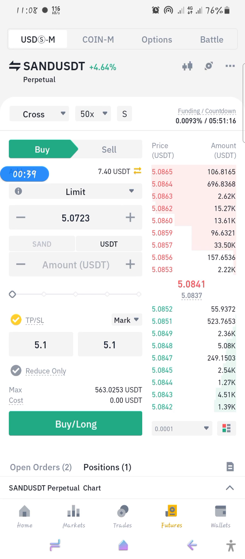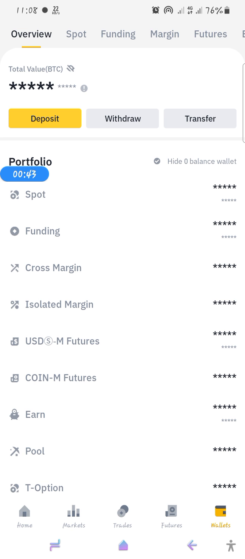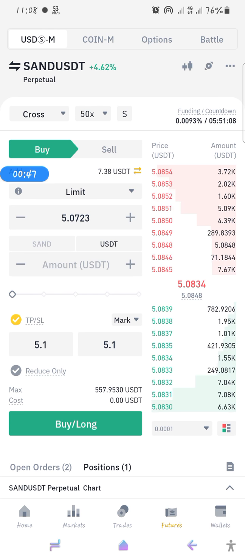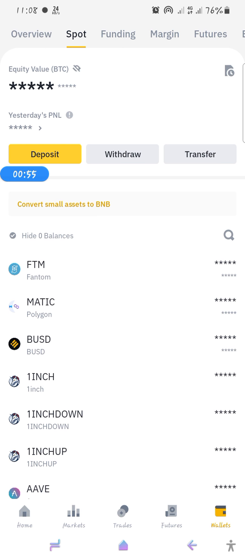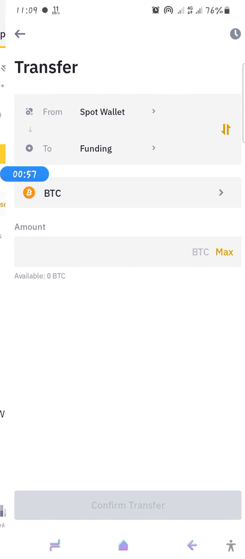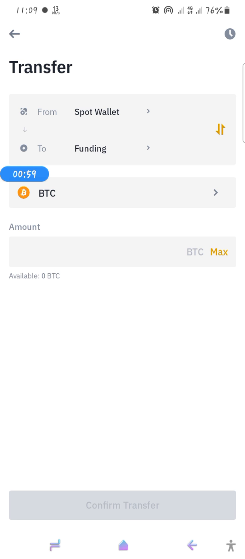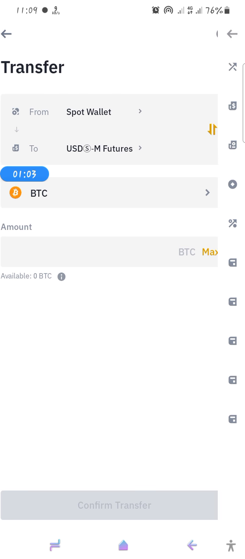Okay, so this is how your Binance interface app looks. If you want to make a transfer to your futures, because we deal with futures, you come here and click on futures. But before you get your funds to the futures, you just come to your spot wallet, click on transfer, and then click from spot to USD-M futures, that's all.